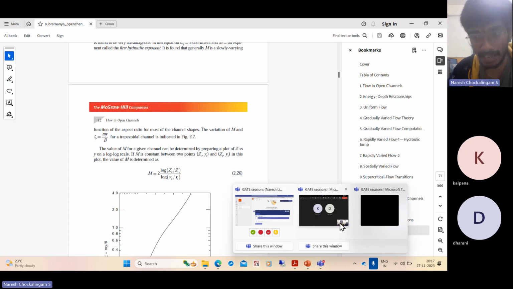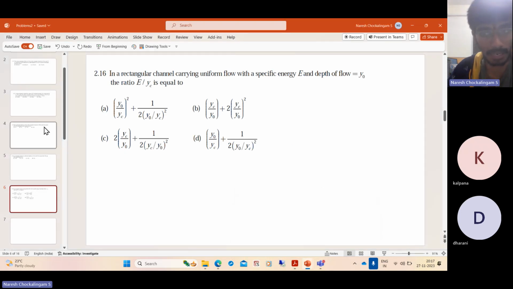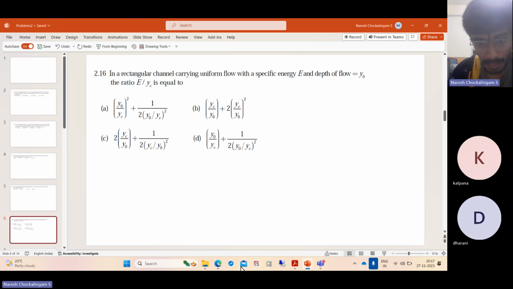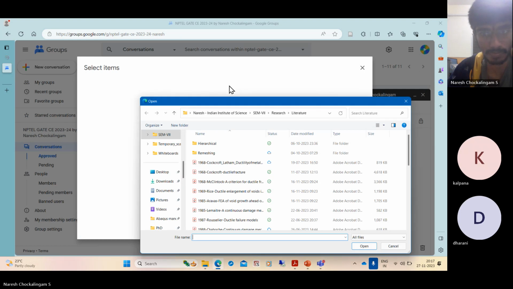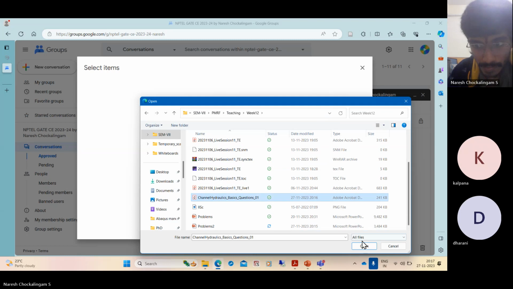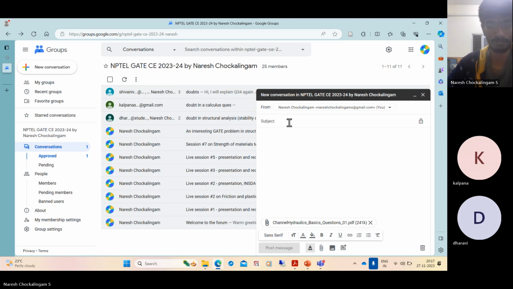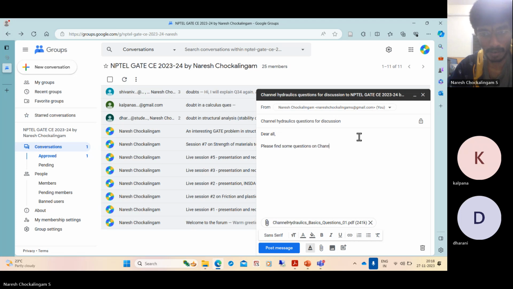I will also post the material needed for solving the questions, because this is the last week I can go for this. Next time I have to look at some other topic. So this is based on energy depth relationships.